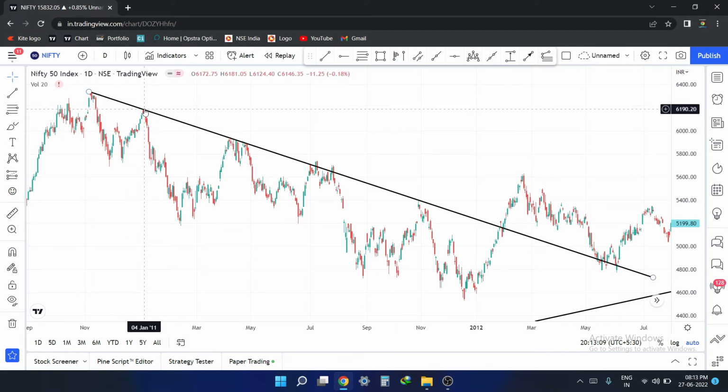First touch point, second touch point. There are many touches on the trend line. So 3, 4, 5. This was a kind of false breakout, but it came back inside immediately in the resistance zone. 5, 6, and the fourth time it got a breakout.